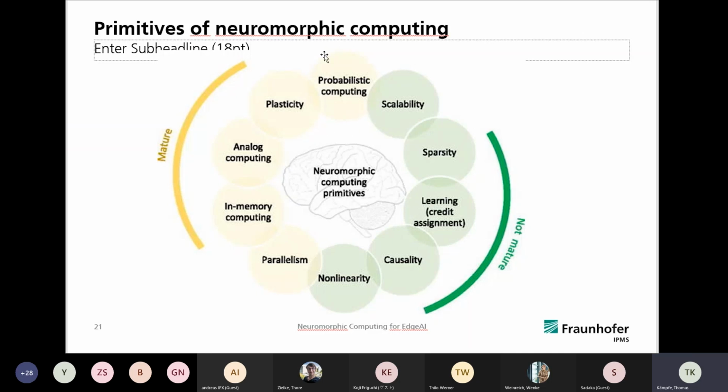We did not talk too much about probabilistic computing, or computing which is based only on likelihood, but this is also a major technology, and it's clear how we can implement it. But there are parts in neuromorphic computing which are still not completely understood.